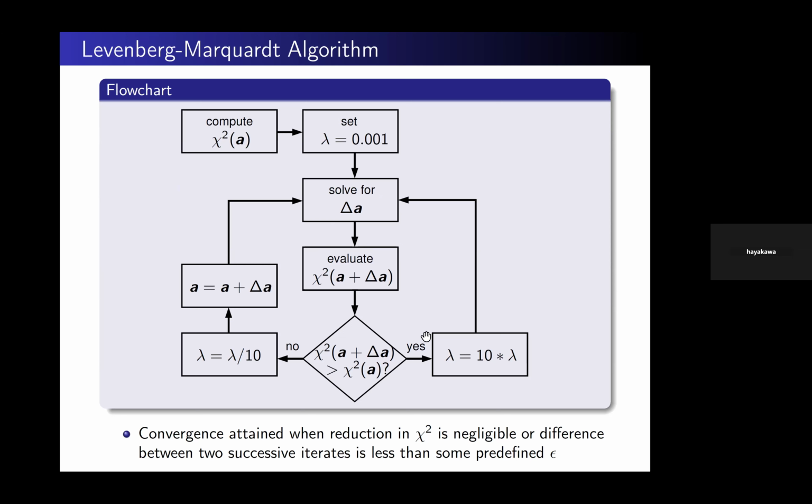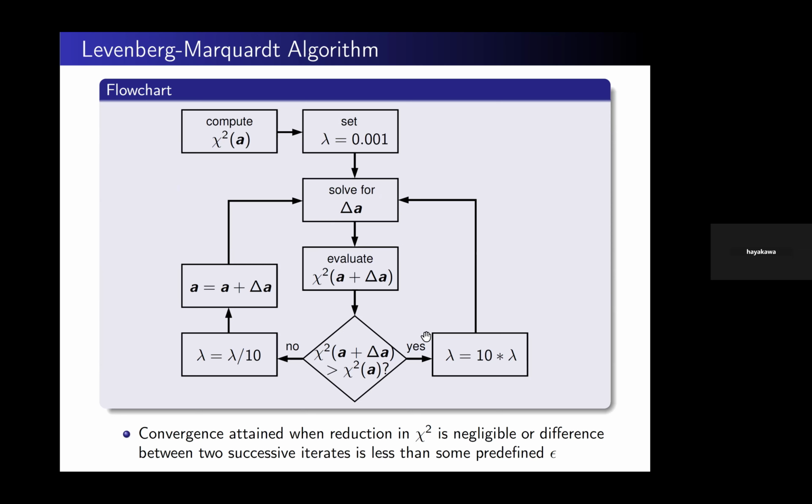Okay, so the way this algorithm works is that you choose an initial guess, and you compute your chi-squared. And then you set lambda along the diagonal to 0.001. I've had really good luck with these values that they're suggesting in this algorithm.